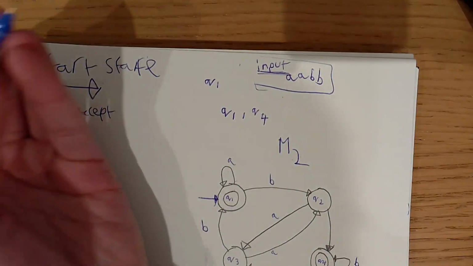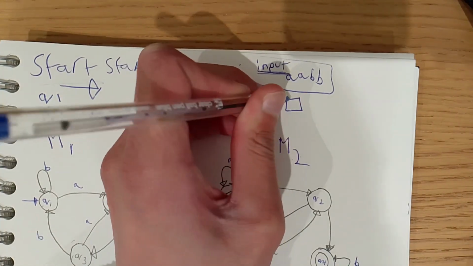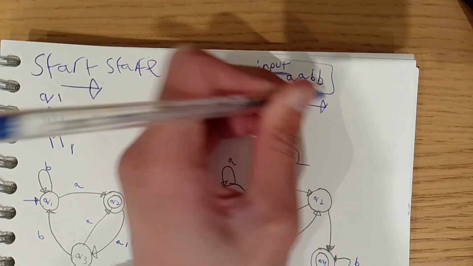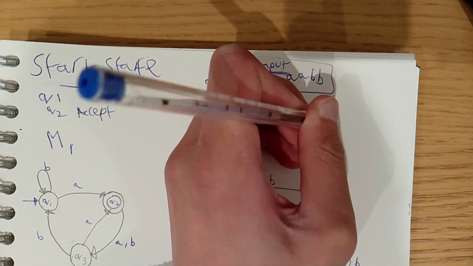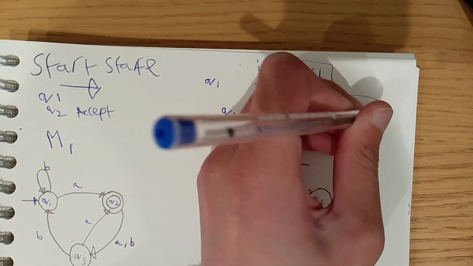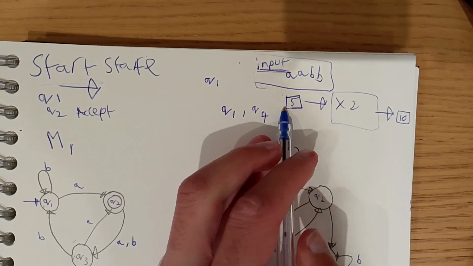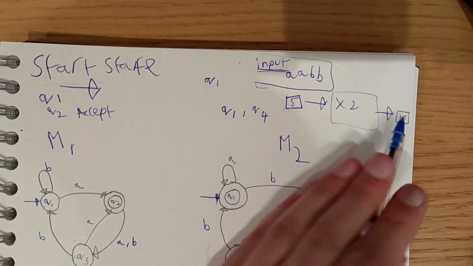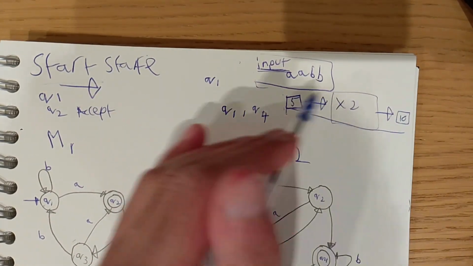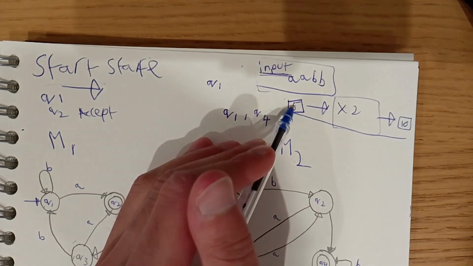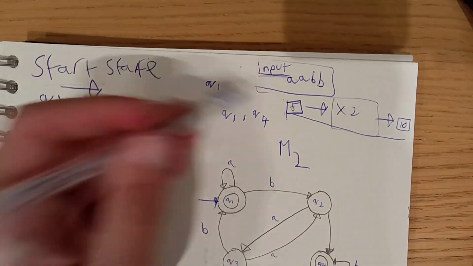We input a 5, the process says times 2, and then we output a 10. The input is just a value that is at the start.